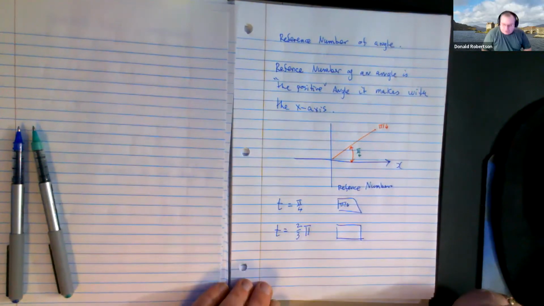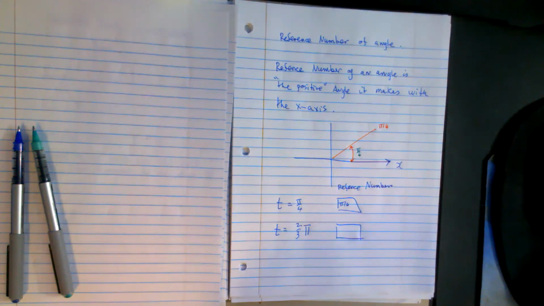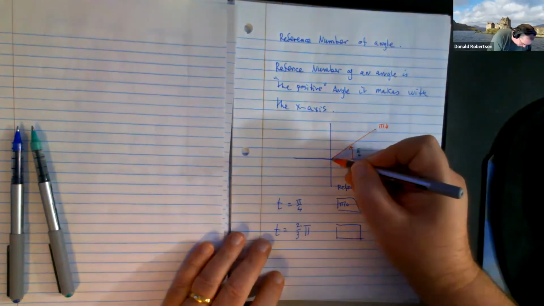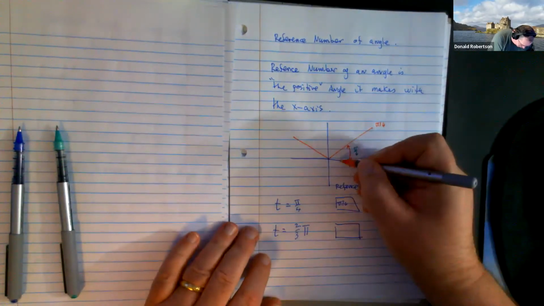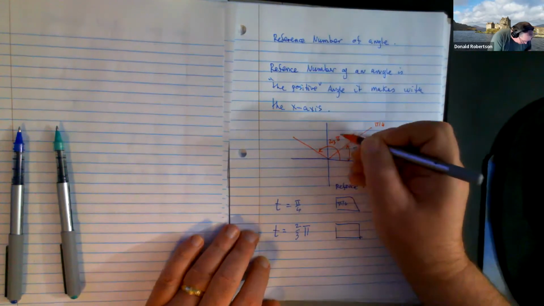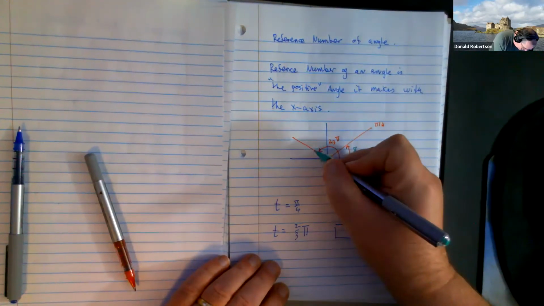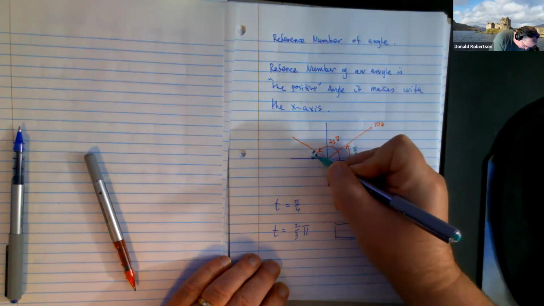Now, which quadrant would 2/3 pi be in? The second. Yeah, I see that. And if you were measuring it, wouldn't it be that way, right? But the reference number is this angle, right?